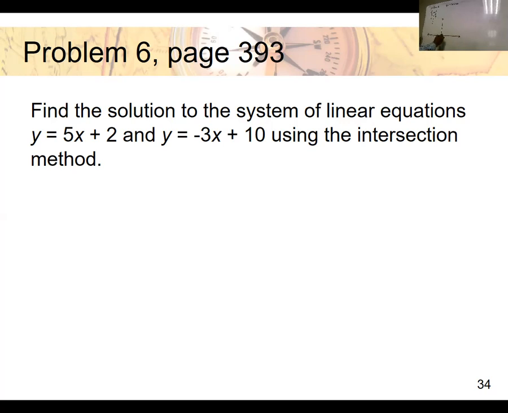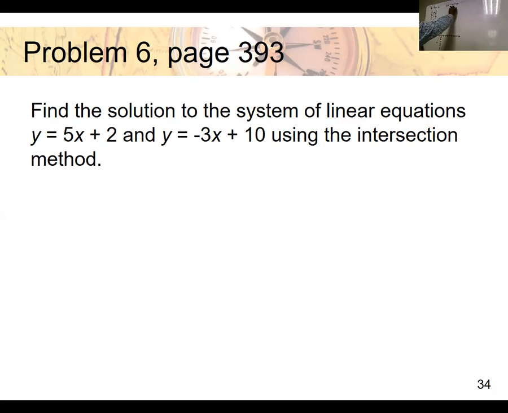Again, plot those on the coordinate plane. For (0, 2), we go up 2. For (1, 7), we go to the right 1 and up 4, 5, 6, 7. So this is what the graph looks like for y equals 5x plus 2.